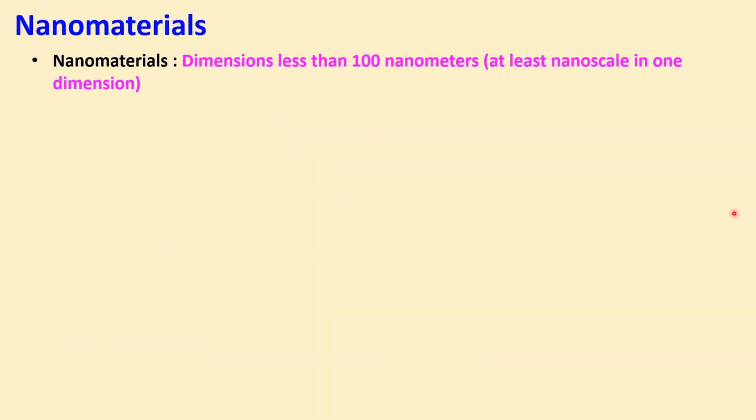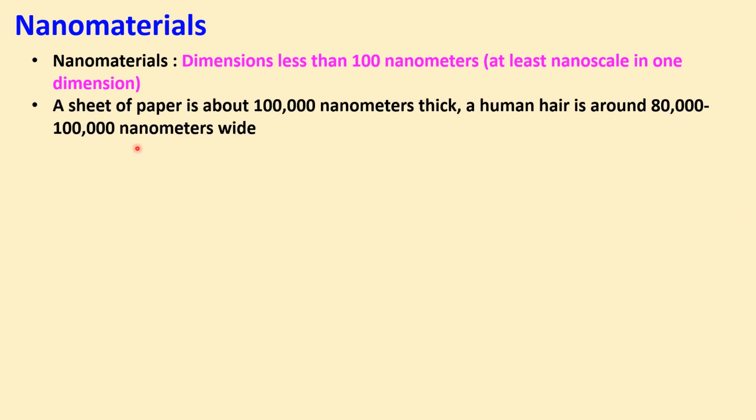Nanomaterials are those materials which have at least one dimension less than 100 nanometers. A sheet of paper is around 100,000 nanometers or 100 micrometers thick, and a human hair is around 80,000 to 100,000 nanometers thick.